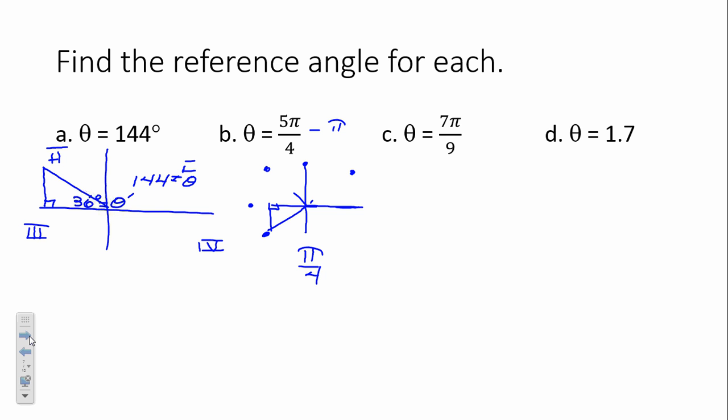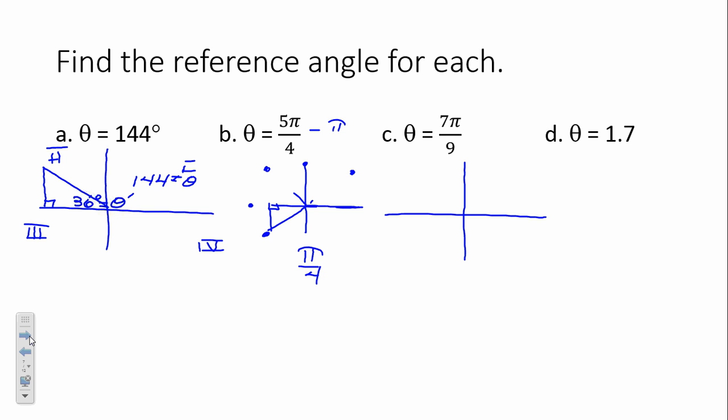7 pi over 9. This one's tougher. So we have to think about where this one would end up. If you want, you could turn it into degrees. It's the strategy I would use if I were under pressure and in a hurry. But think about this. This is pi, right? So where would 7/9 of it be?